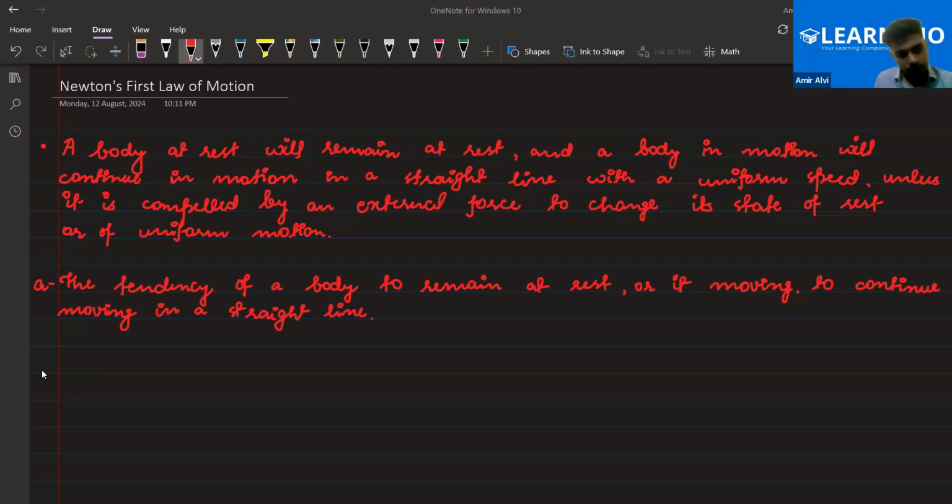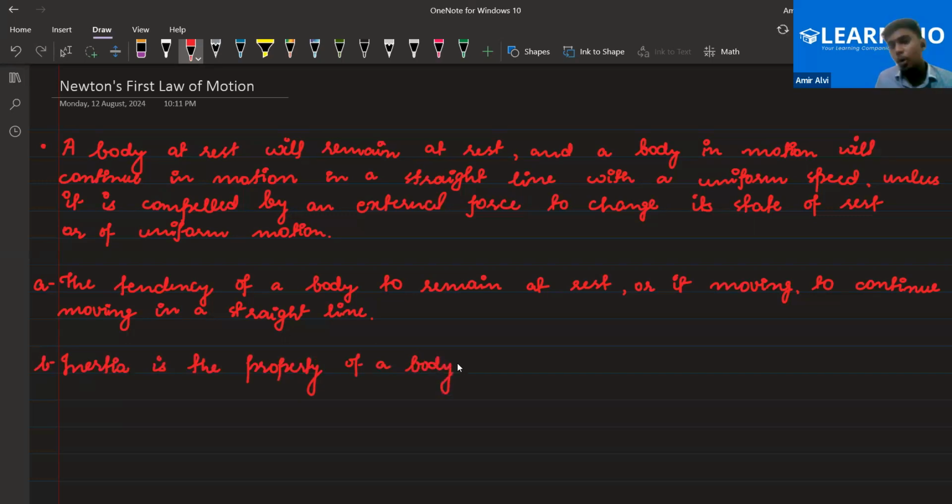So part B, if we talk about this definition: inertia is the property of a body.